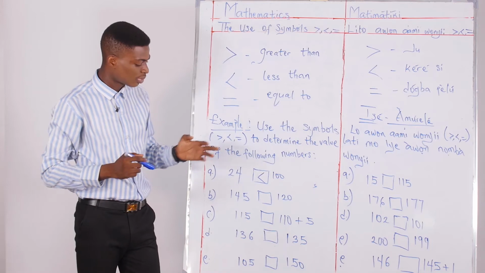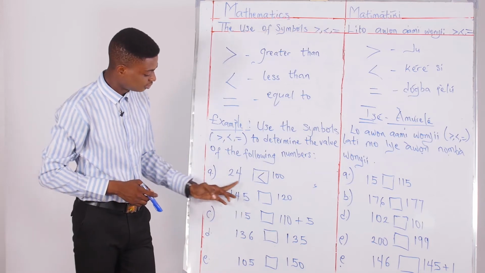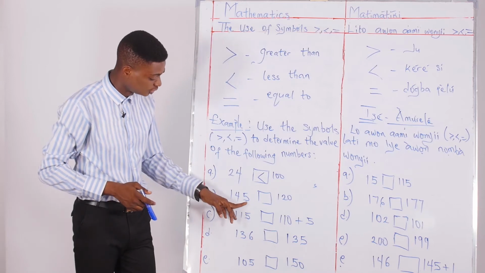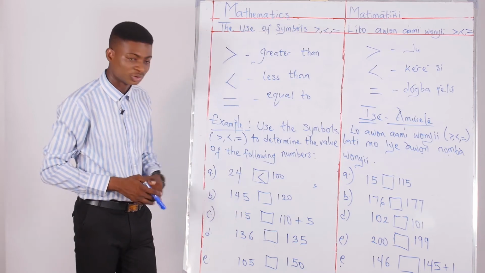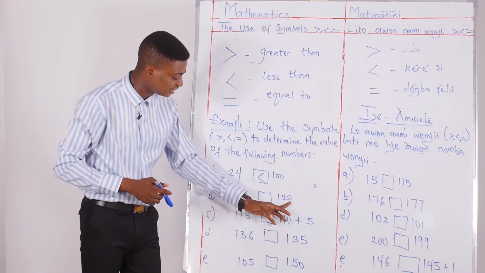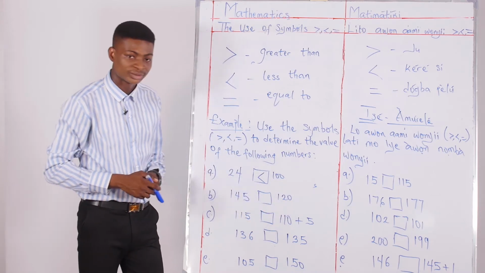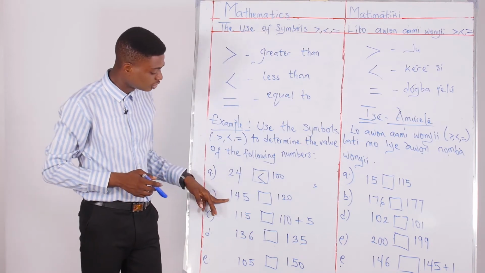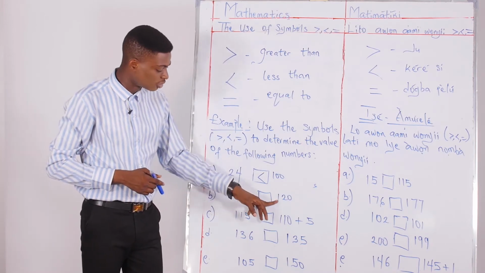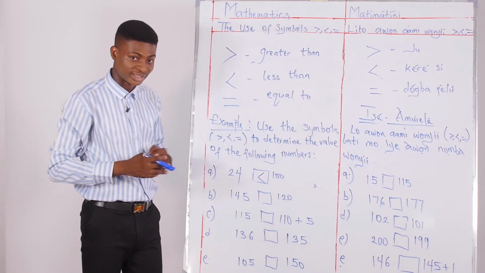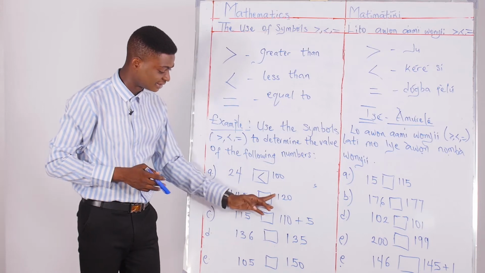120. Looking at this, the highest place value here is 100 because we have unit, 10, 100. The highest place value here as well is 100 because we have unit, 10, 100. So what you look at is this. What is the difference? The 100 here is 1. The 100 here is 1. So you won't use that to make the difference because they are the same.